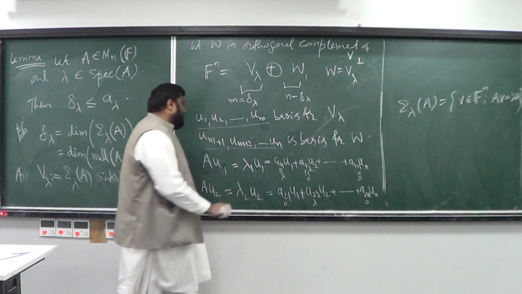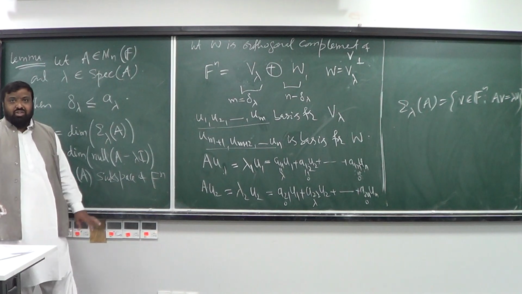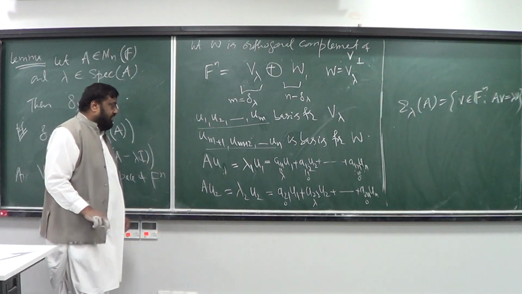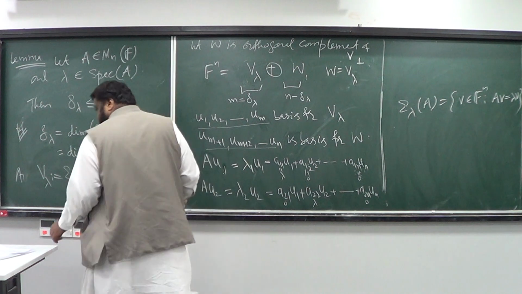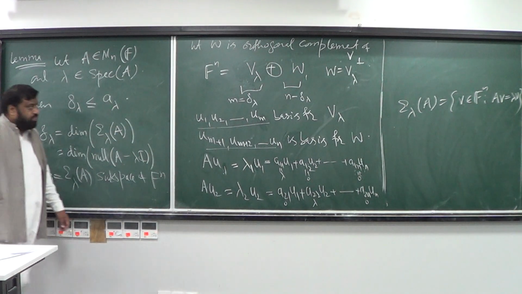So this is equal to lambda U2. I'm not changing anything fundamentally, just the way it is written. So finally, what would be A U M?